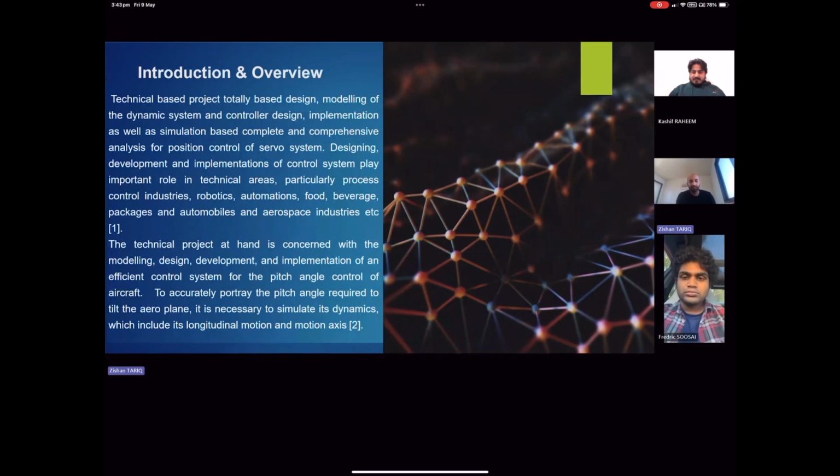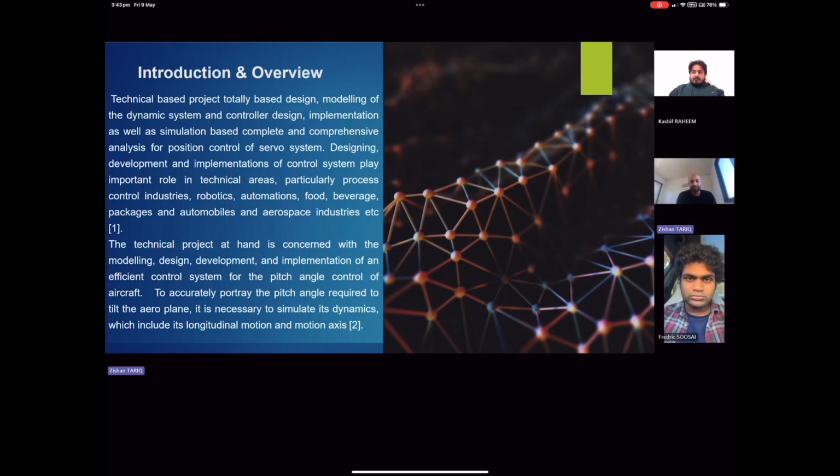It includes the design and implementation of a control system, and this process is used in control industries, robotics, automation, and food and beverage companies. This technical project is mostly concerned with the modeling, design, and development of the control system.